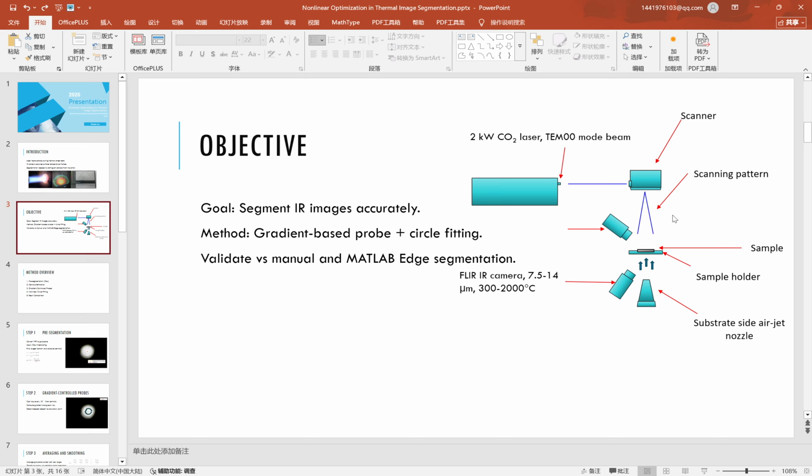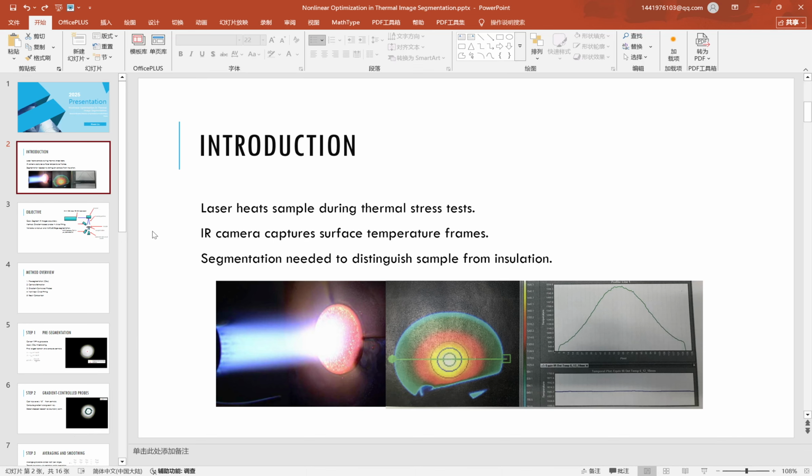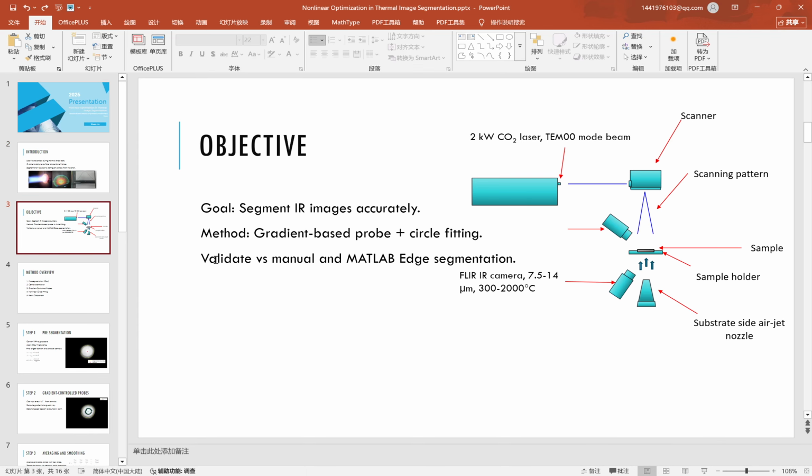It can only generate a curve like this, so we cannot control it very specifically. And by applying cooling conditions, we place a substrate air jet nozzle to cool the sample by blowing cooling air.